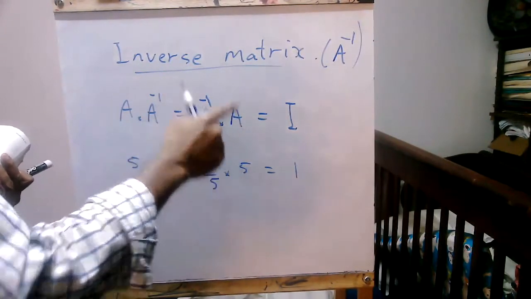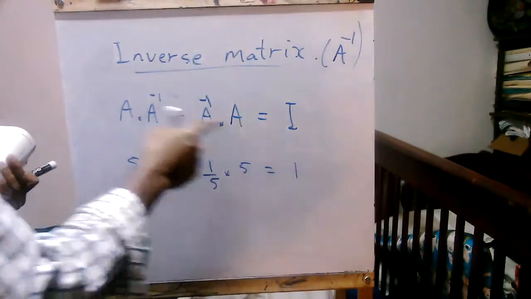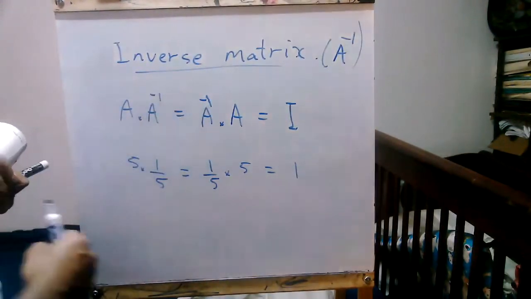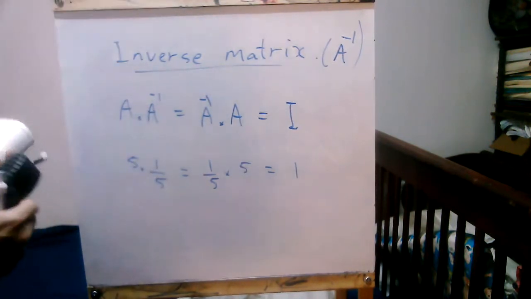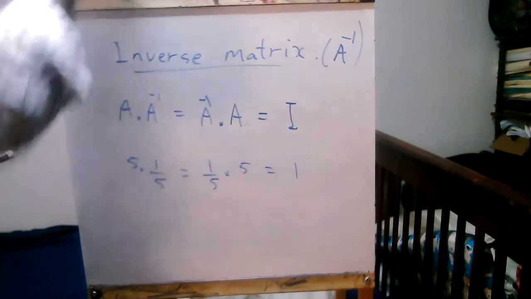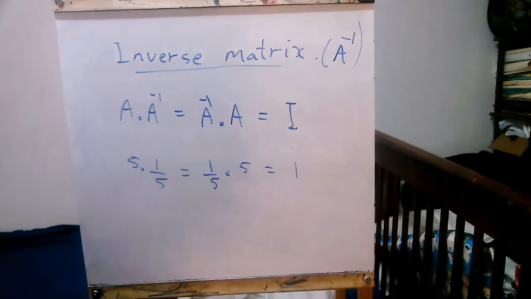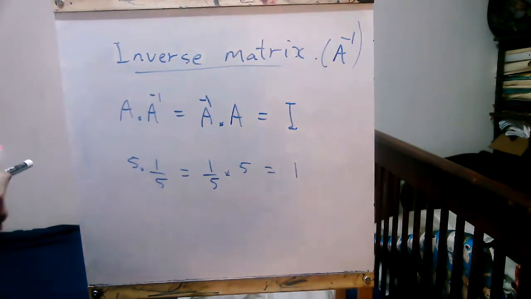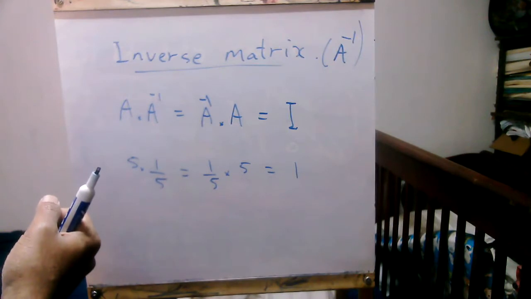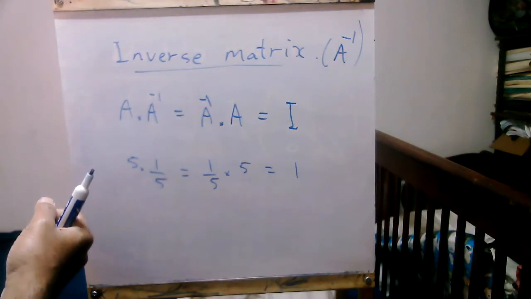With matrices, this I depends on the size of the matrix we're considering, right? Now let's see an example. Here let's learn how to find the inverse of a 2 by 2 matrix, right?